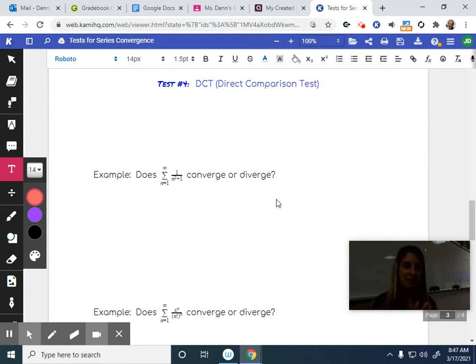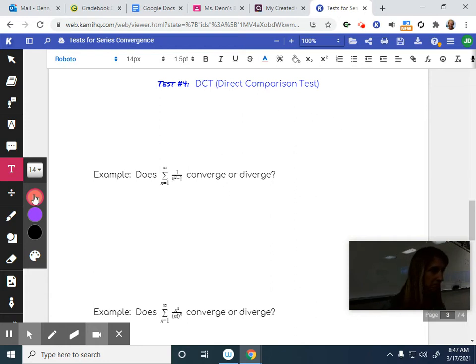It basically says, if I can show that my series is bigger than a series that I already know diverges, then mine will diverge too. And if I can compare my series to a series that converges and show that my series is even smaller than that, then mine will converge also.